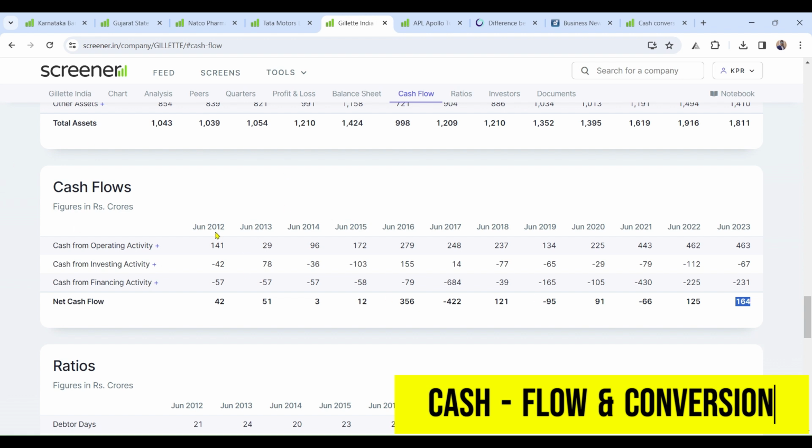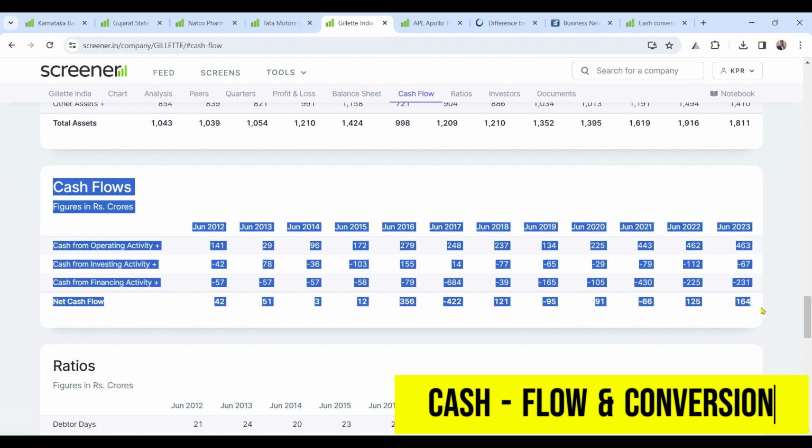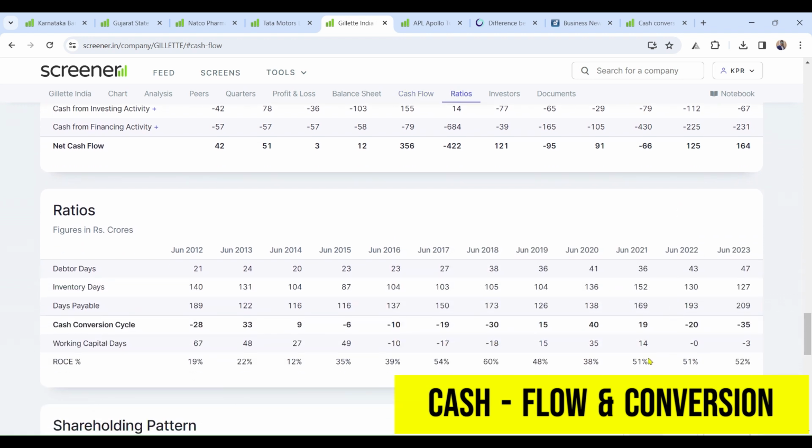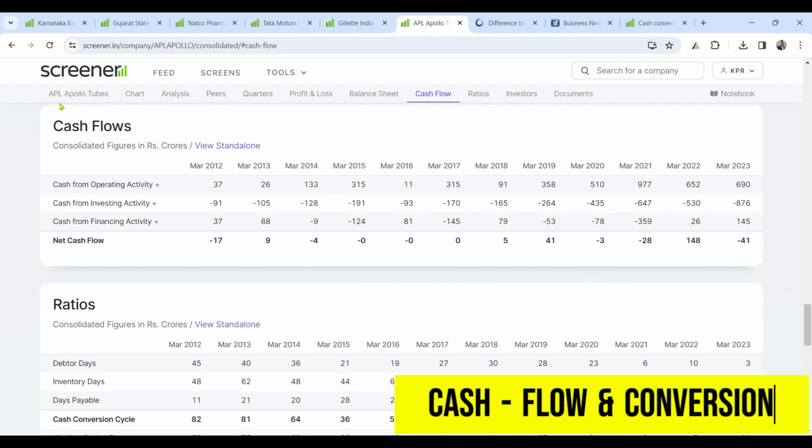Those things you can check from this section of the screener. Another parameter with respect to cash, out of these ratios, is the cash conversion cycle. I'll take this example of Apollo Tubes.